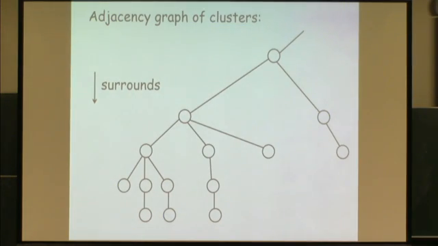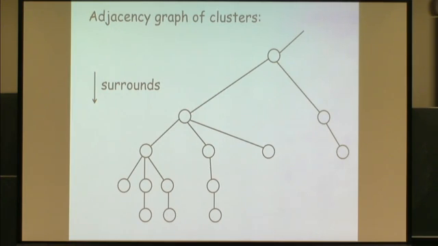So this is the closest I get to a random graph or a random tree. What does the adjacency graph of these bond percolation clusters and their duals look like? Well, it's a tree. It's a one-ended tree.